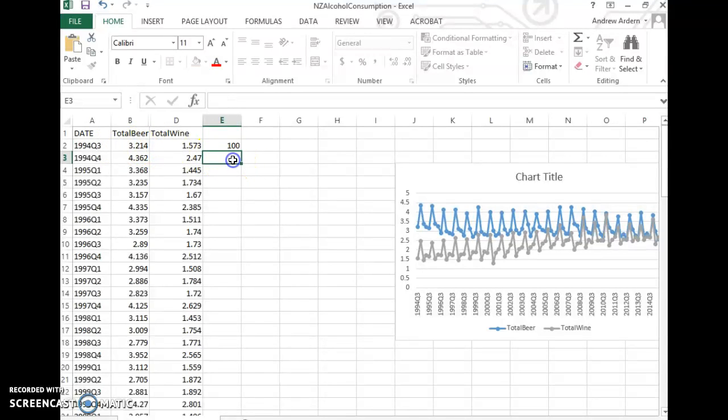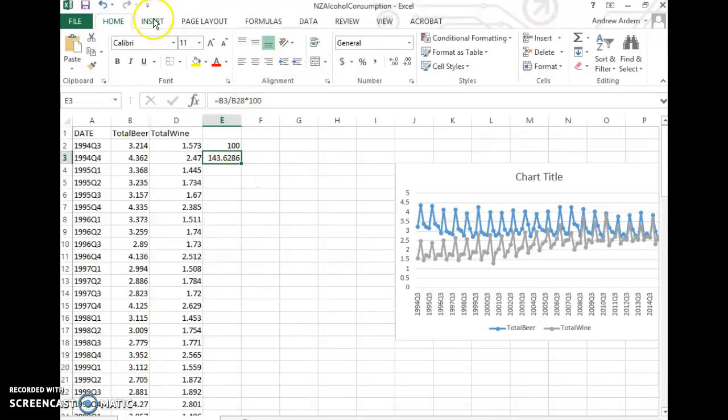And then my second cell is going to be this value relative to my first value. So 4.3 relative to 3.2. You take one divided by the other, and to make it a percentage, I'll times by 100. Oops, I forgot to put times in there. Times by 100. 143%.